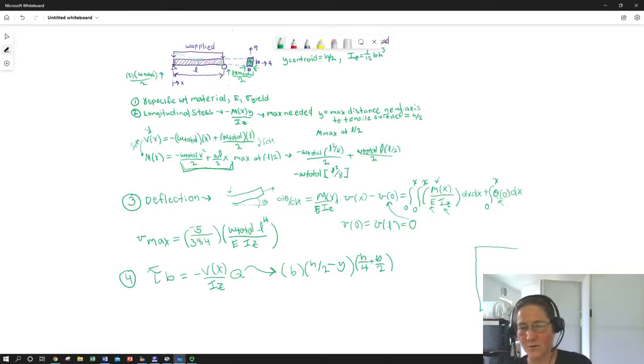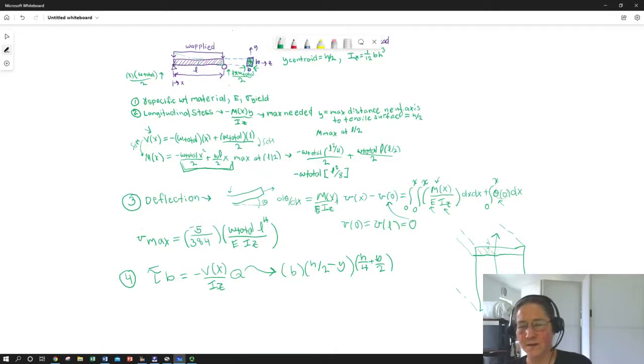And I got that by looking at the cross section of this beam, and remembering shear is a little bit weird, because when you derive the expression for that tau average, that average shear stress, you actually use longitudinal force to put this little slice up here in static equilibrium with the rest of the beam, and you figure out, remembering that shear has to be zero at the corners.